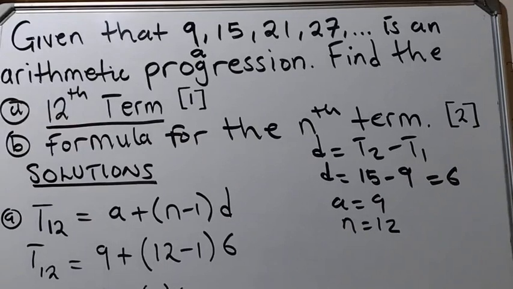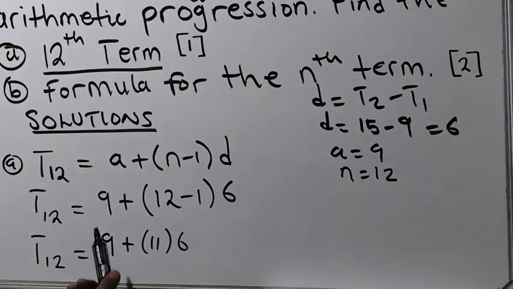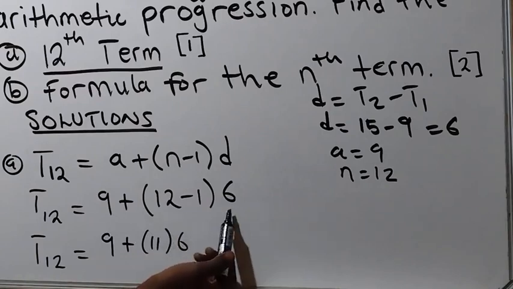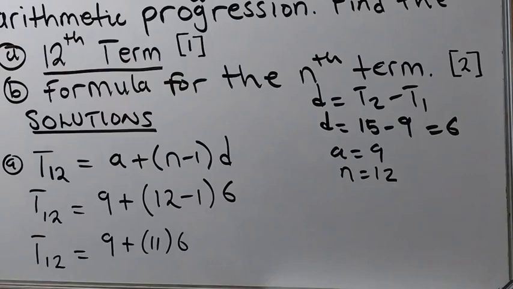So we have just said 9 plus 12 minus 1 is 11. Then there is this 6, I'll write it right there. Now from here, you can see we still have brackets. So just multiply 6 times 11 so that you open the brackets.